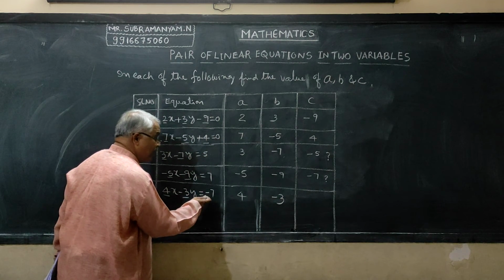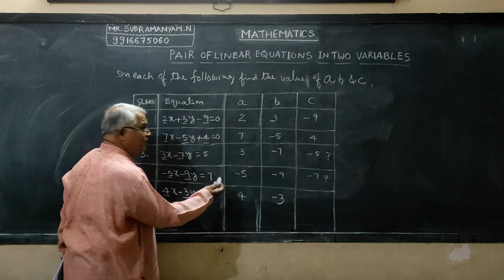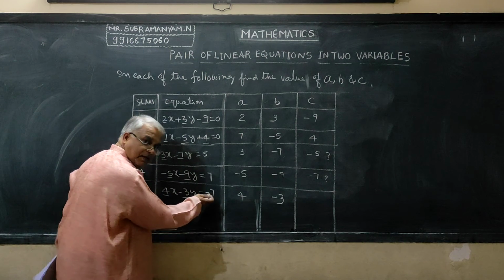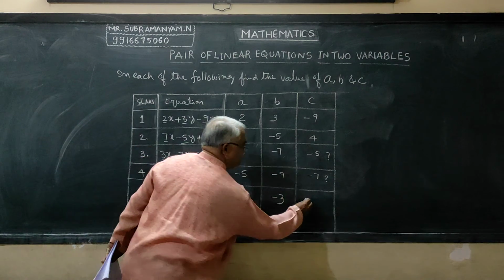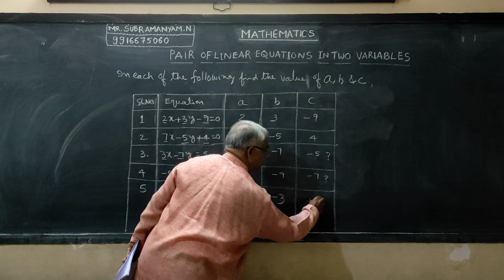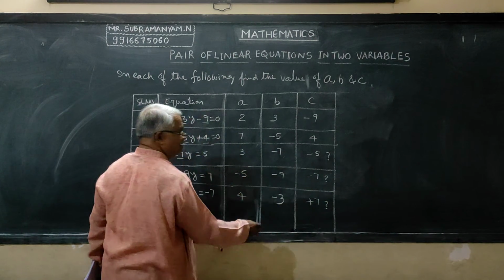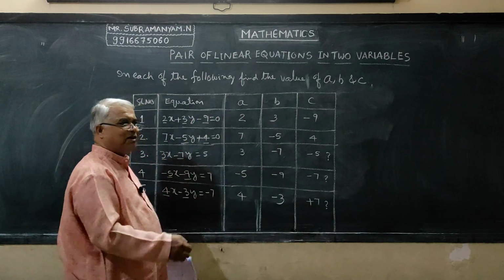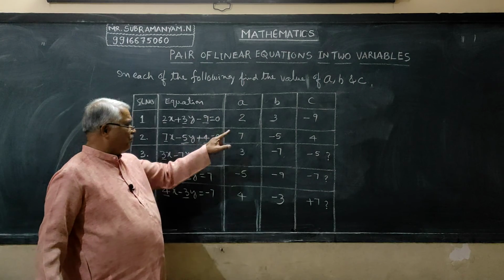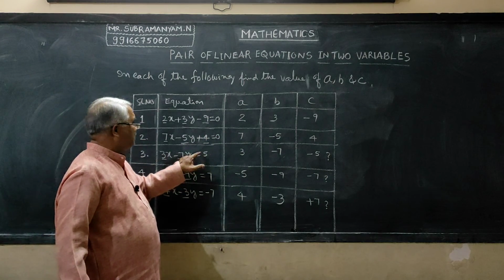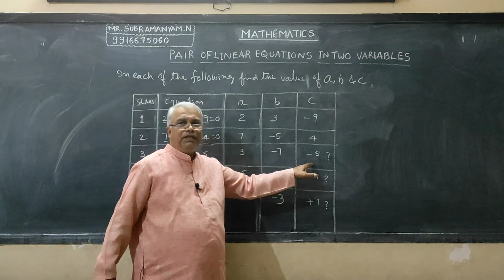Now c value should be before equals, but c is after equals. So this is minus 7. Bring minus 7 to left hand side, it becomes plus 7. Therefore, c value is plus 7. Again, I will put question mark. These two I did not put question mark because very simple. Minus 9, minus 9. Plus 4, plus 4. Here we have plus 5, we have written minus 5. You should think like that.